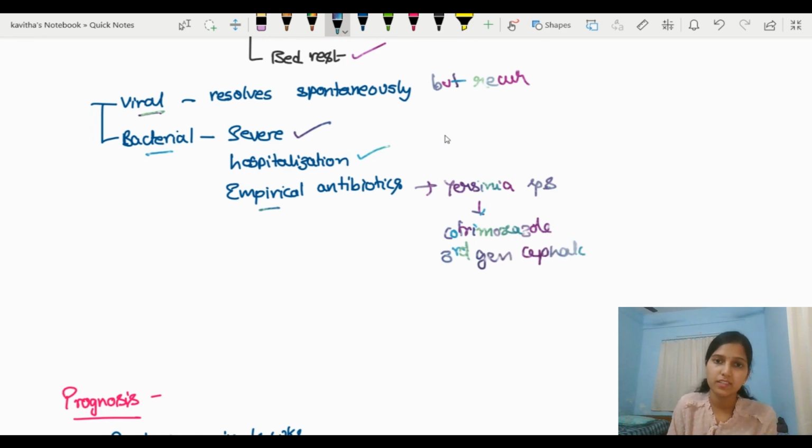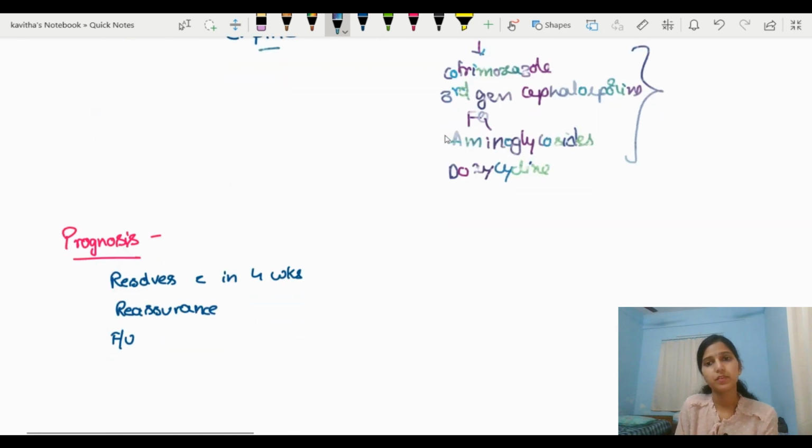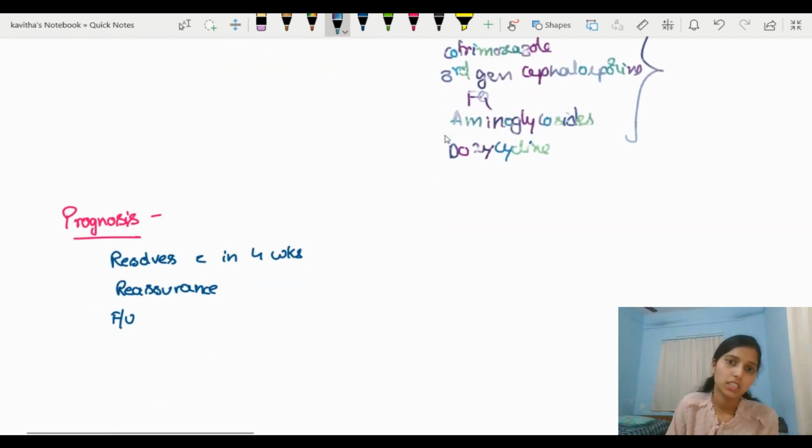We have to go for either cotrimoxazole, third generation cephalosporins, fluoroquinolones, aminoglycosides, and doxycycline. Why? Because these antibiotics broadly cover all the enteric pathogens.